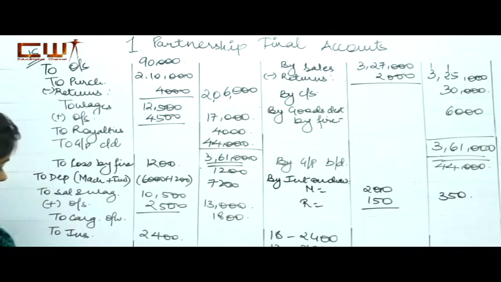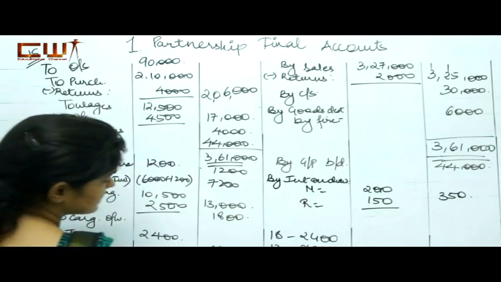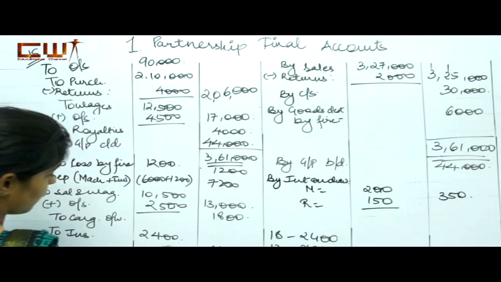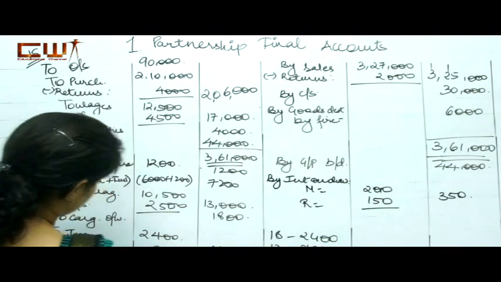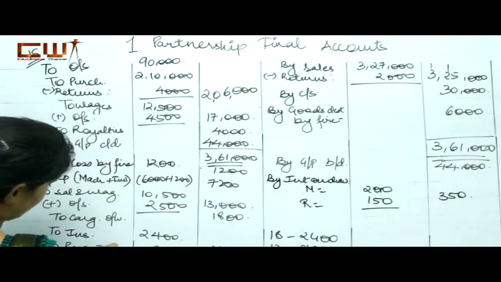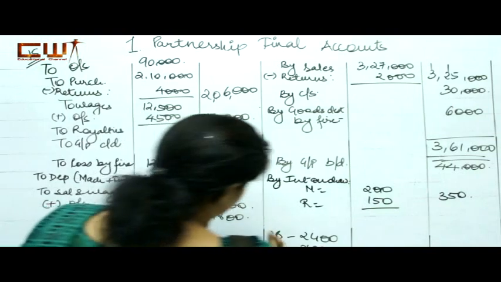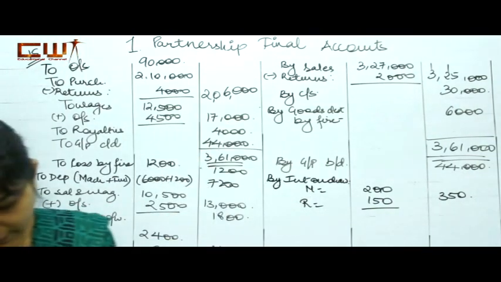How much extra have you paid? 800. So you have prepaid insurance as 800.